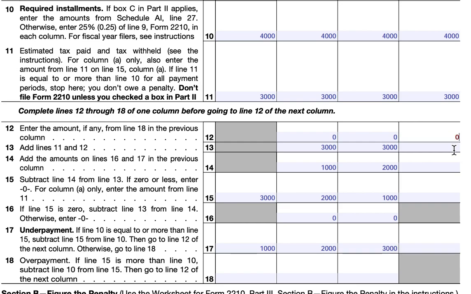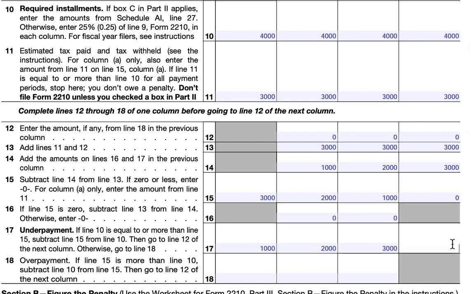Let's bring down these other numbers. And so now you're going to subtract line 14 from line 13. You've got a big 0 here. And then your underpayment is going to be the difference between line 15 and line 10.